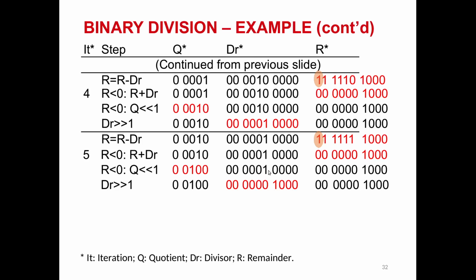So this bit 1 here moves here, and it changes to 0 0 0 0 0 0 and then 1.